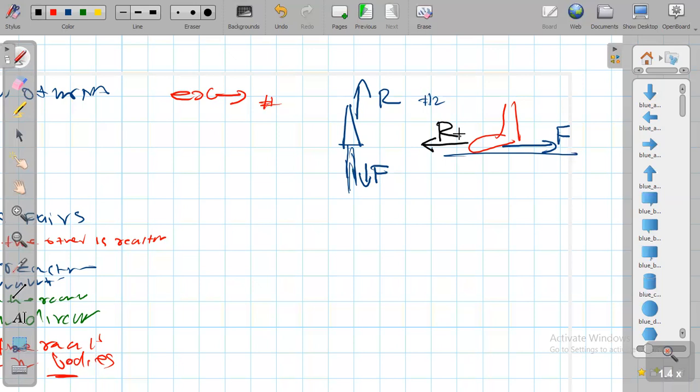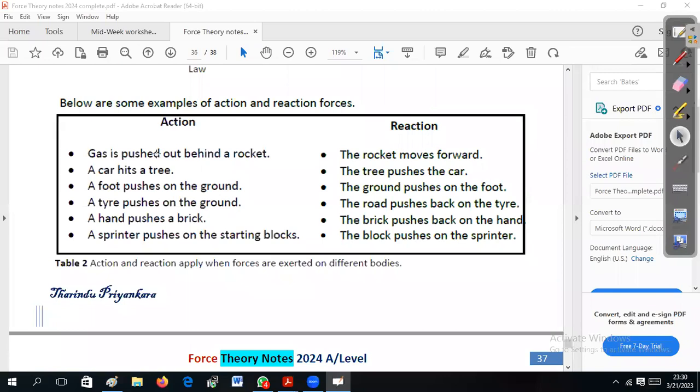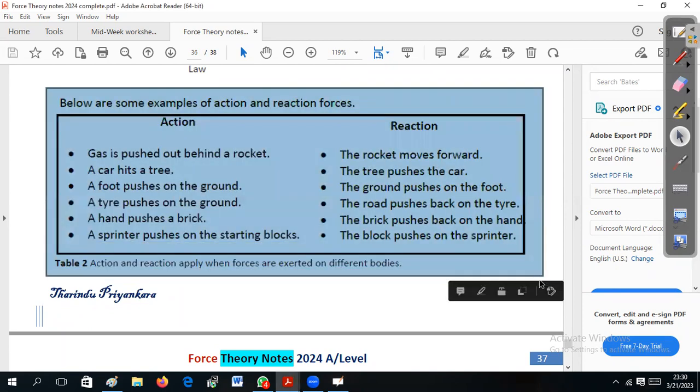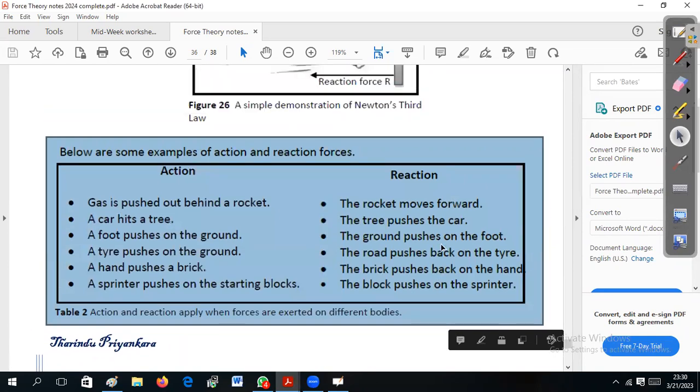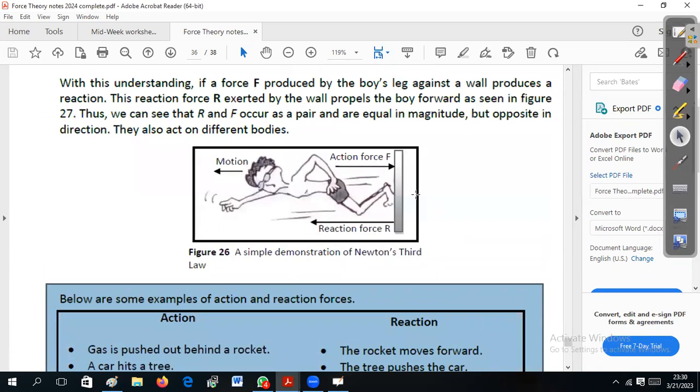Okay. The examples from there onward are all the same story. A car hits the tree, the tire pushes on the ground, and the sprinter pushes the starting block. All these are Newton's third law pairs, and you should remember this chart because they might ask some examples like this.